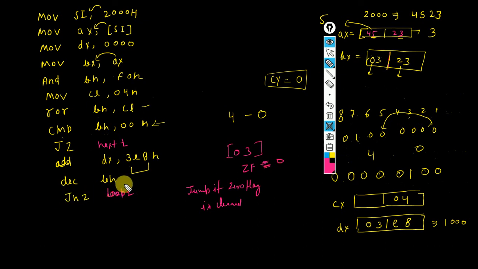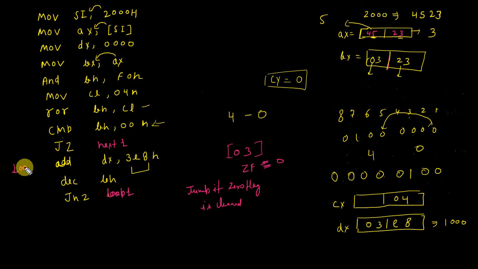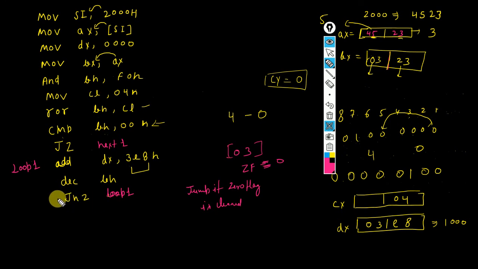So the loop 1 instruction is this. Your pointer moves to this memory location, and again add the DX value with 3E8H.